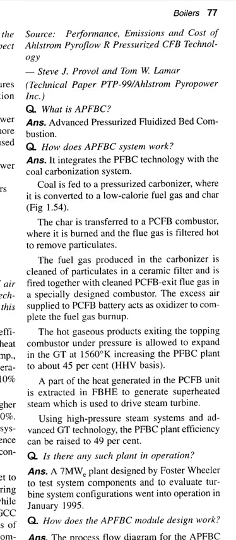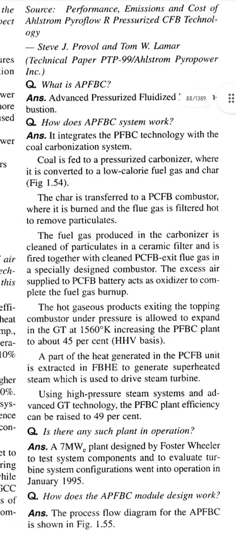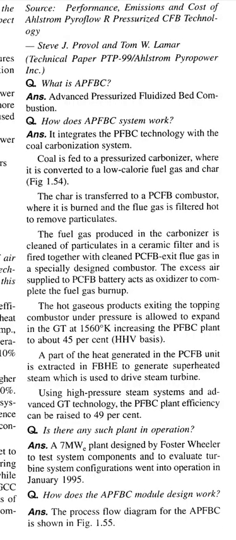Next question: how does the APFBC system work? Answer: it integrates the PFBC technology with the coal carbonization system. Coal is fed to a pressurized carbonizer where it is converted to low calorific value gas and char. The char is transferred to a PCFB combustor where it is burned and the flue gas is filtered hot to remove particulates.